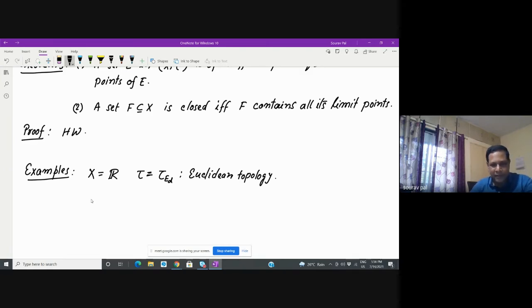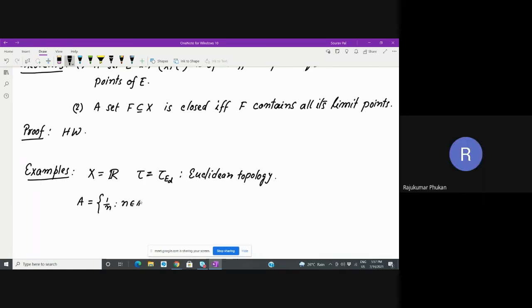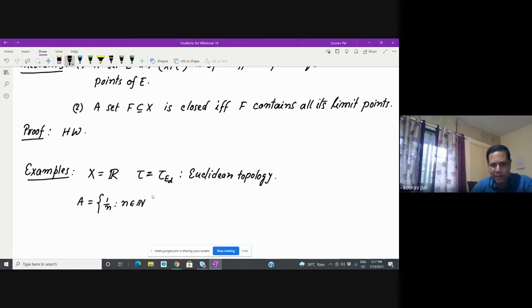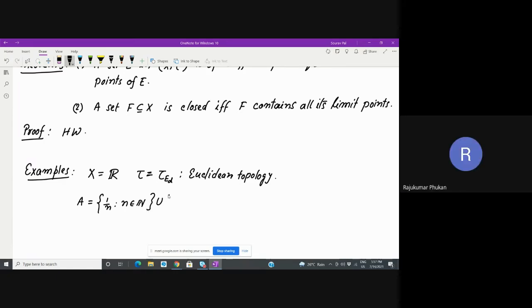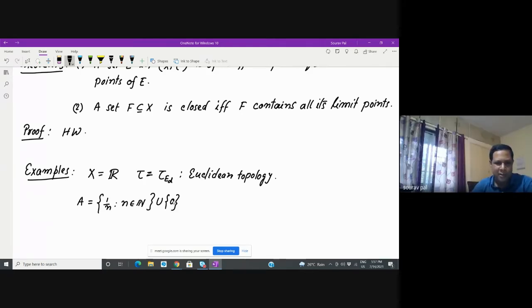So if you talk about this topology, then please tell me what are the interior points of this set. Choose A to be the set of 1/n, for all natural numbers n, union with the singleton set {0}.